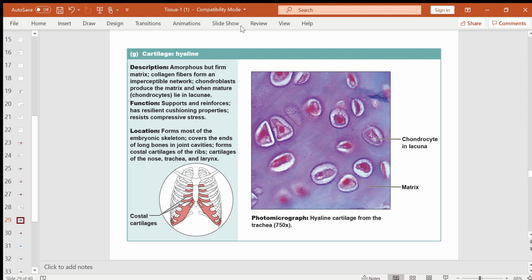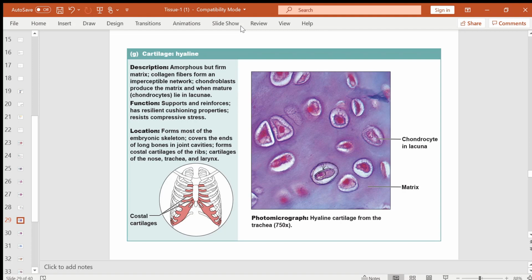So this is a hyaline cartilage under the microscope. In hyaline cartilage you will see that the cell, this is the cell here, and this is the nucleus inside the cell, and the cell is located inside a cavity, and this cavity is called lacunae.